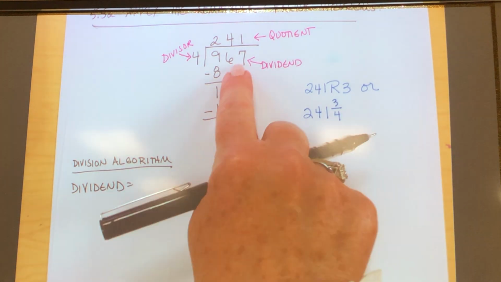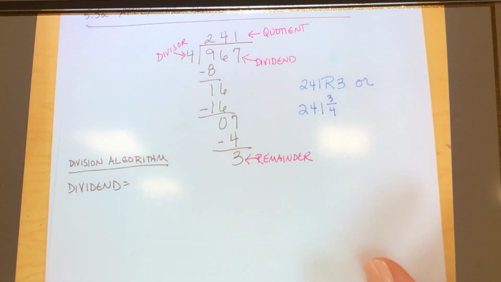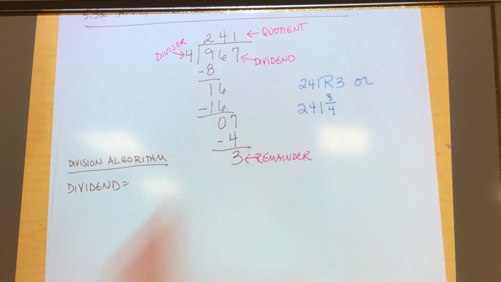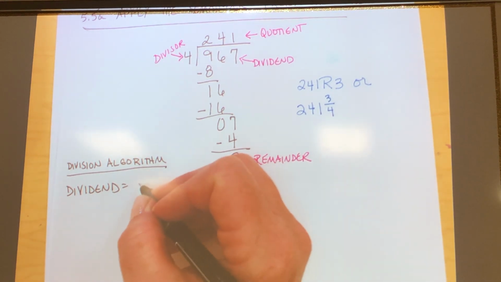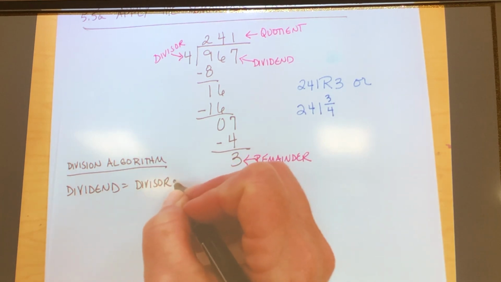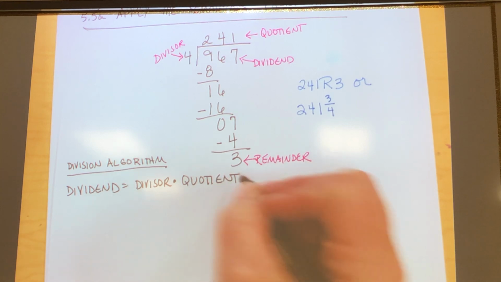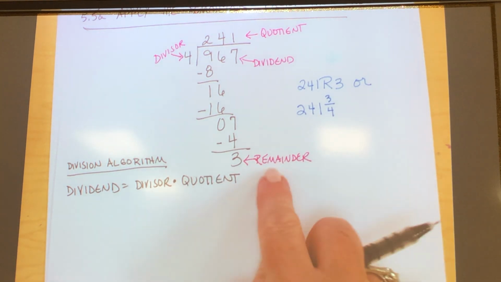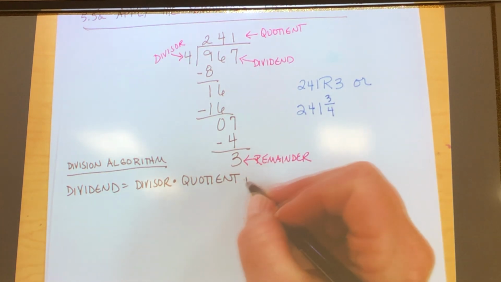What would I do to get this number, to check and make sure it works? Okay, and I want you to use the pink words. Okay, so I'm going to multiply the divisor times the quotient. Is that all? What do you do with the remainder? Plus. Yes, plus the remainder.